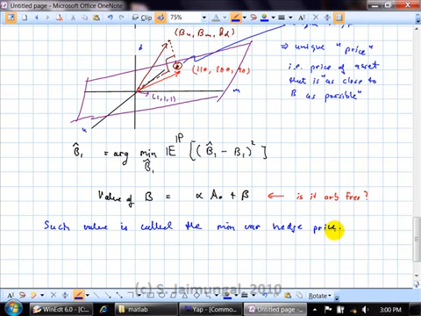You're doing the best you possibly can to remove risk, because you found the B1 that minimizes this error as much as possible. Now remember again, these hats are only those portfolios which you can get to by trading in asset A and the money market. They're not any arbitrary ones. You can think of this as alpha A1 plus beta, in fact. That's the most general portfolio from trading in the asset A and the money market.